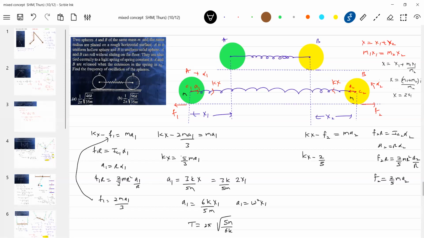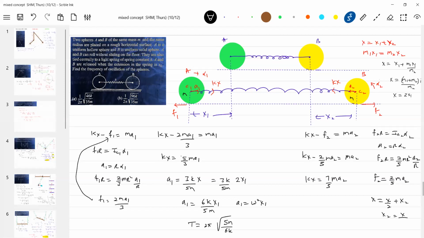Kx minus 2 by 5 ma2 equal to ma2. Kx equal to 7 by 5 ma2. Again, what is x? x should be in terms of x2, it has to be brought. x equal to 2x1. Substitute that one. x1 should be replaced, no? So therefore x1 is x by 2 plus x2.